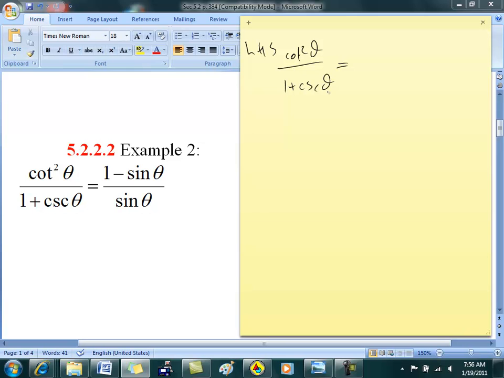How about just replacing cotangent squared theta with something with CSC in it? Isn't there an identity that relates cotangent squared and cosecant squared? Okay, is everybody there? So cotangent squared is CSC squared theta minus 1. Does everybody buy that? Does anybody want me to point this identity out to you?